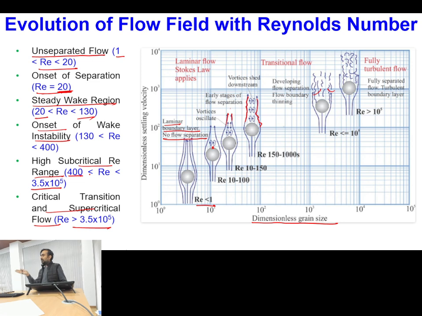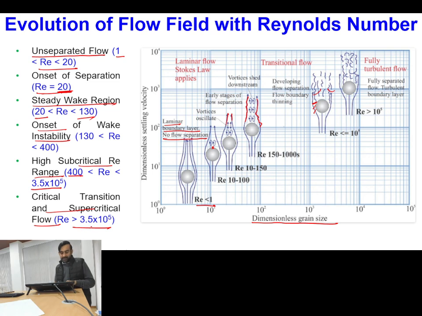In a periodic manner, at some constant time interval, these vortex structures keep leaving the rear portion of the surface. This process keeps continuing, and in this range you will find that the separation point is coming towards the top side.